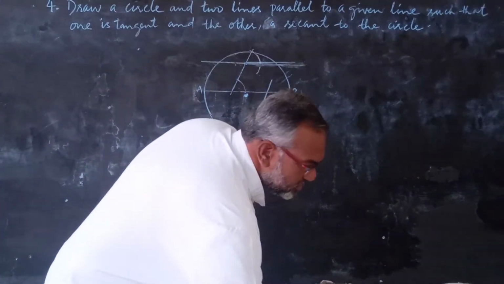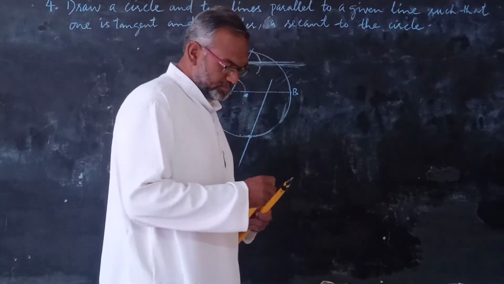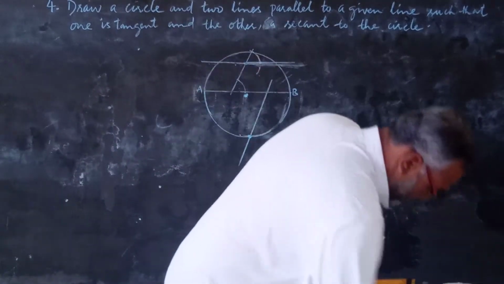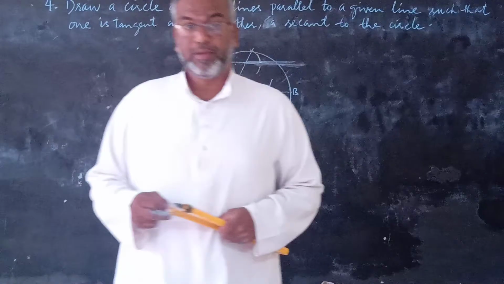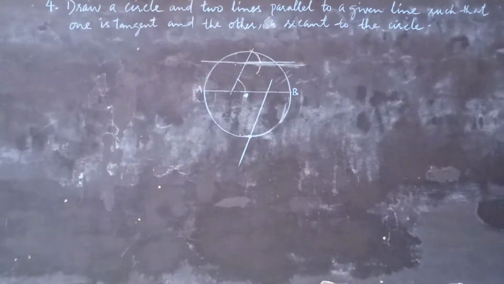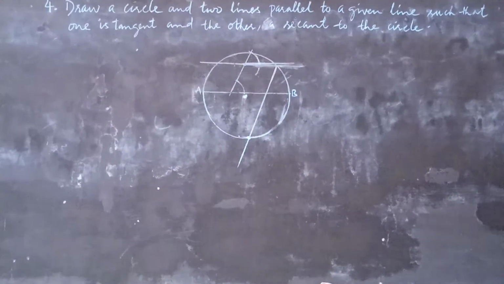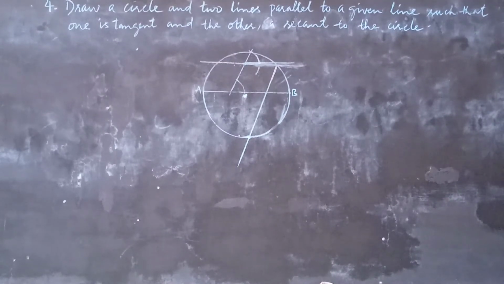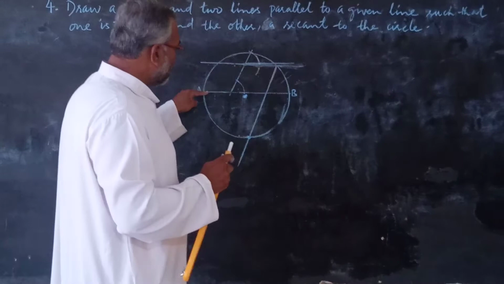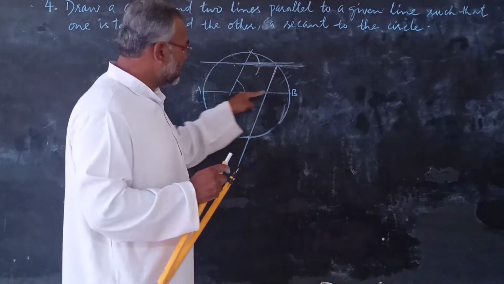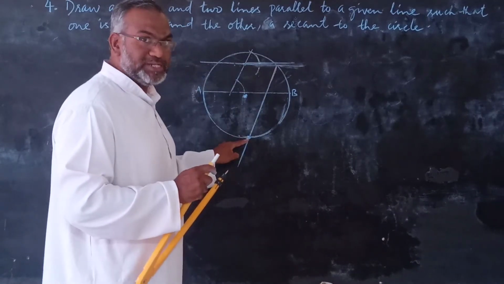Then draw an angle here. Now we have to draw a line parallel to this line that must pass through this point.